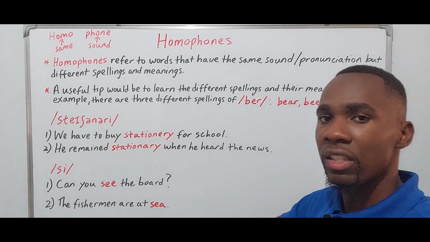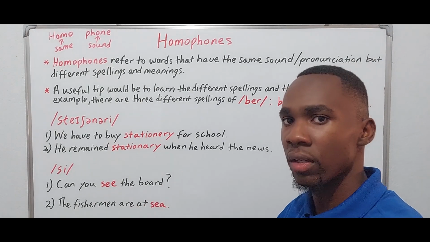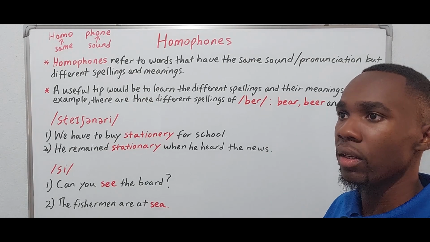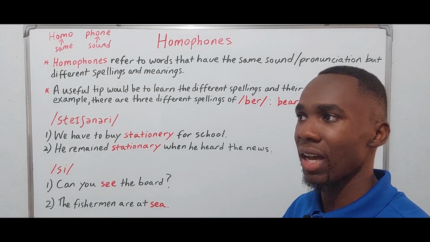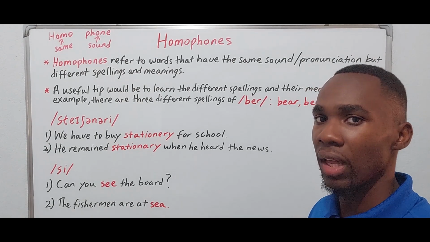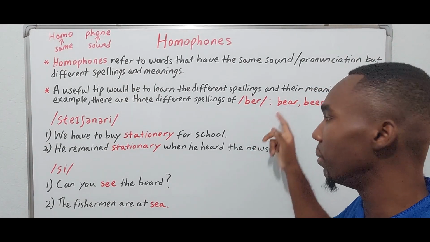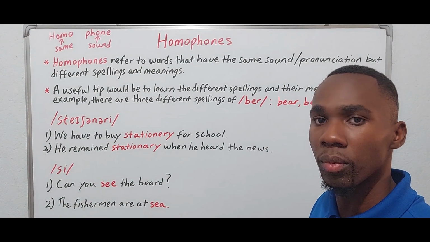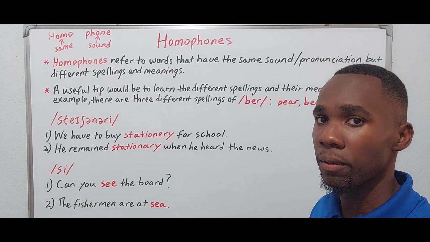But obviously once I provide more information, then it would be more obvious which one I mean. So when I said I saw a bear on National Geographic, what have you, then you would know that I'm referring to BEAR, the animal, right? Which is most likely the case when you're talking about National Geographic, right?